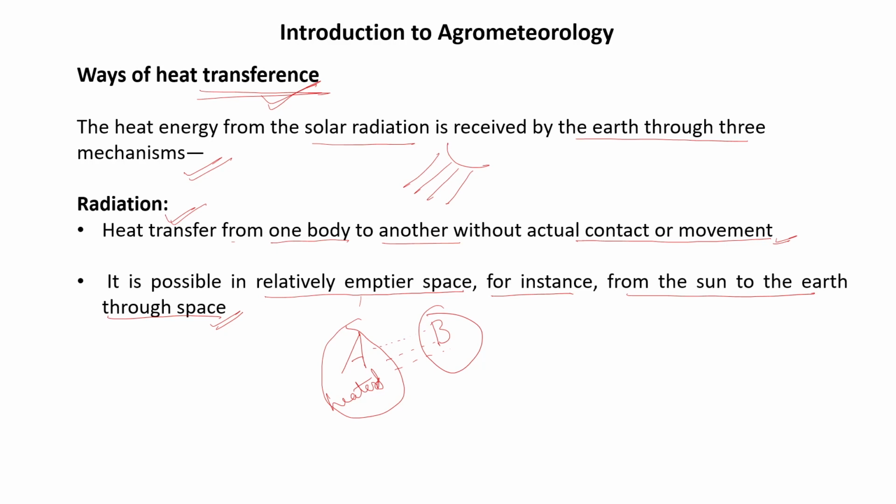And not only the heat, the light also comes. The solar radiation comes with the light as well as the heat. Both are there. So this heat comes to the earth's surface with the help of radiation, though there is no contact between the two, that is the sun and the earth.